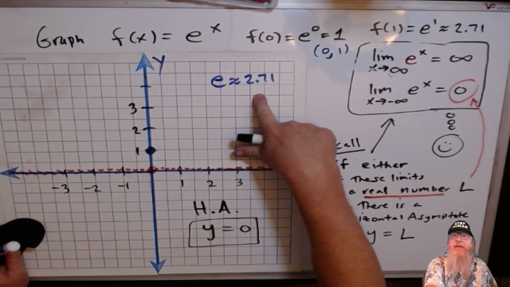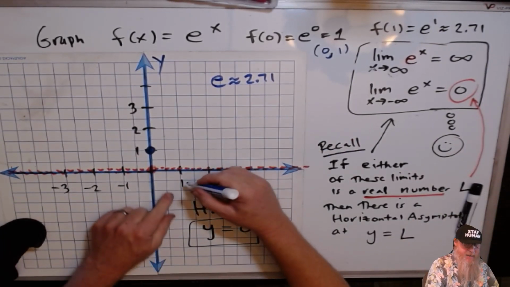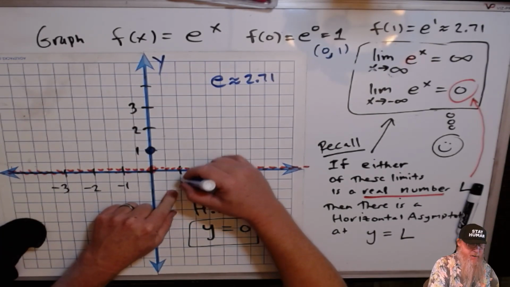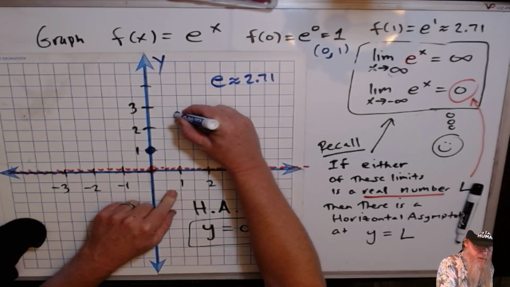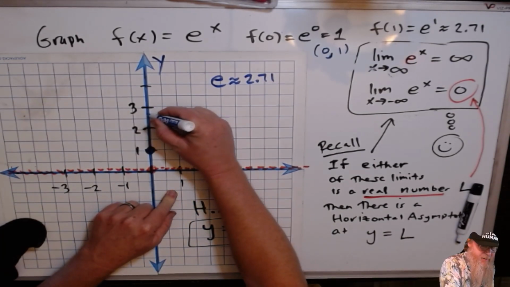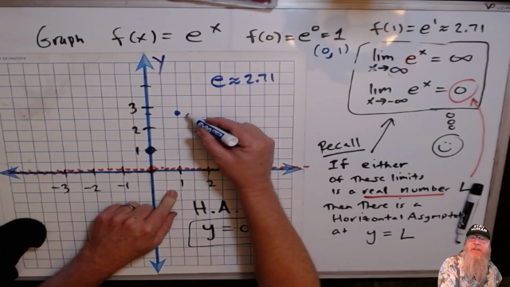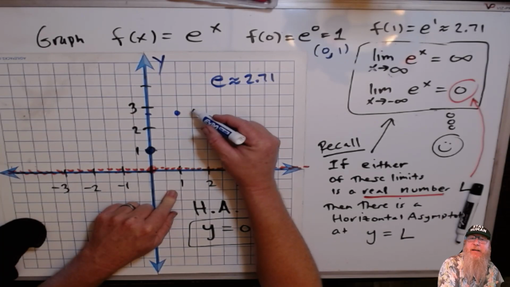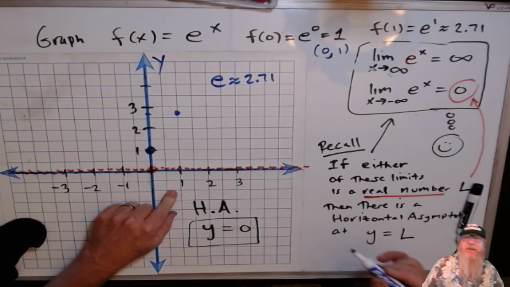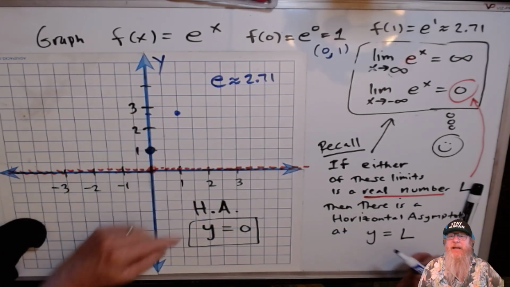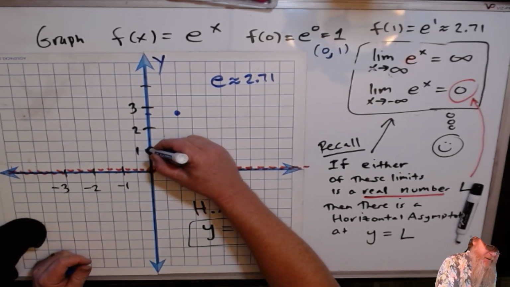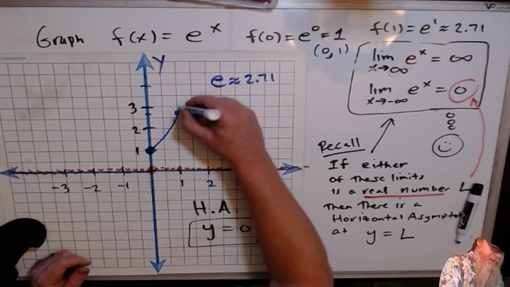That's this value here. So my second point will be 1 and 2.71. I can't do it exactly, but it's approximately 2.71, a little bit less than 3. And then that's it. Connect the dots.